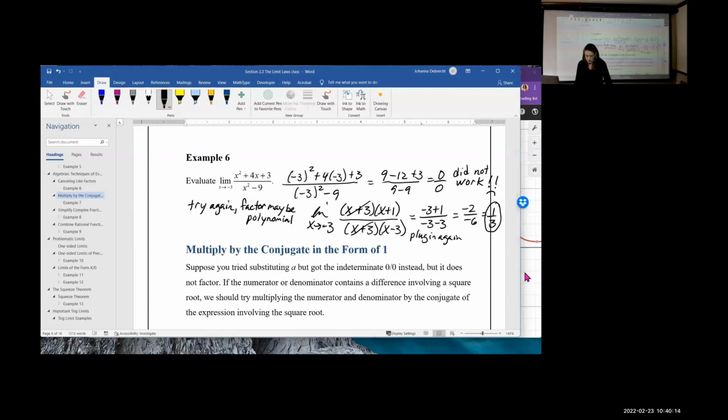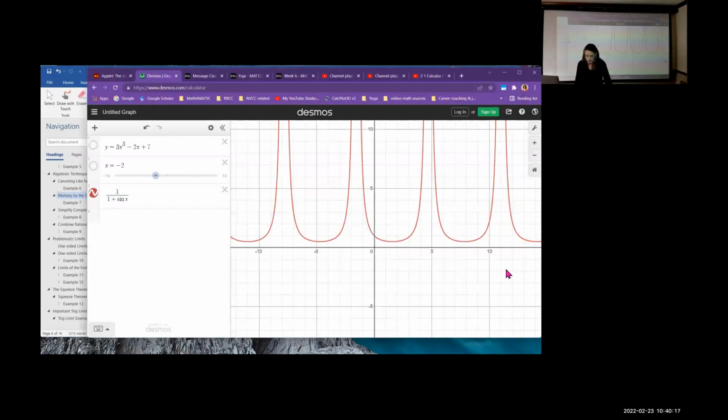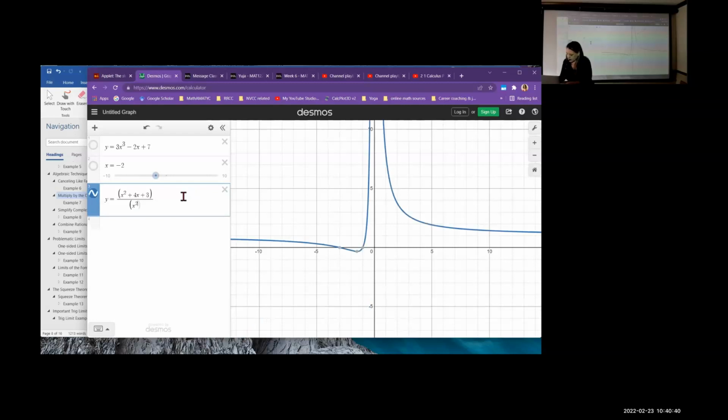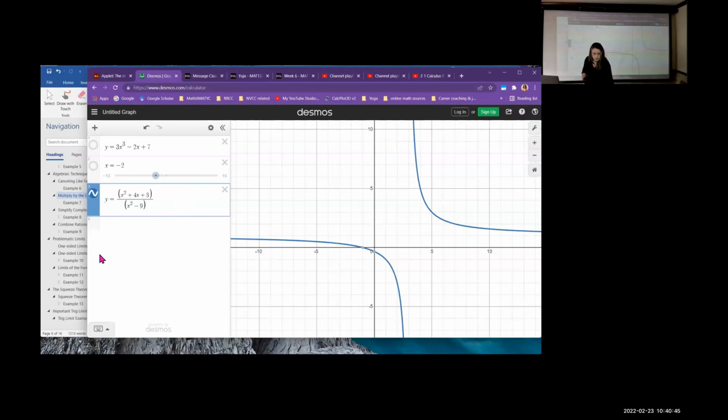Right. Now let's take a look at what that looks like over here. So the question is, what happens as I approach -3? -3 is out here.